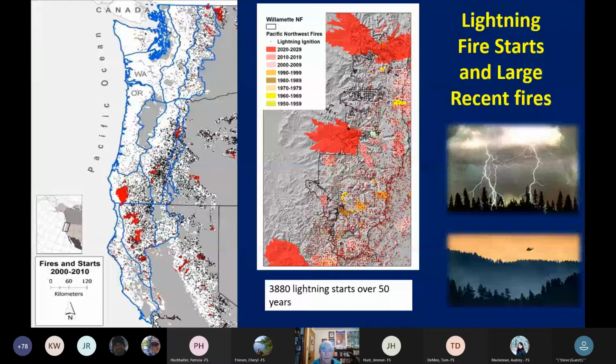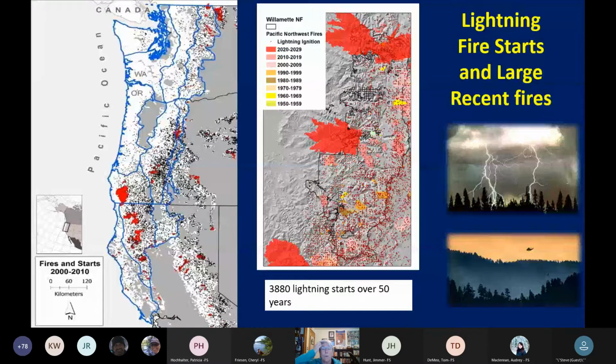And as I have down here, we had close to 4,000 lightning ignited starts over a 50-year period, which translates to somewhere between 75 and 80 lightning fire starts per year across our landscape. And we also have evidence, as you can see from the different colored polygons here, of larger wildfires, with obviously the most recent fires being the largest, across our landscape as well.